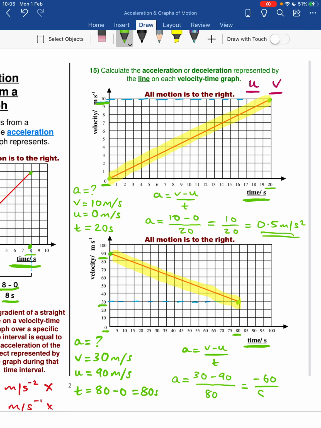And it's a negative answer that I'm going to want because that line's sloping down. So simplify it, minus 60 divided by 80, and that gives me a final answer of negative 0.75 meters per second squared. So I should have a negative answer when the line is diagonally downwards.